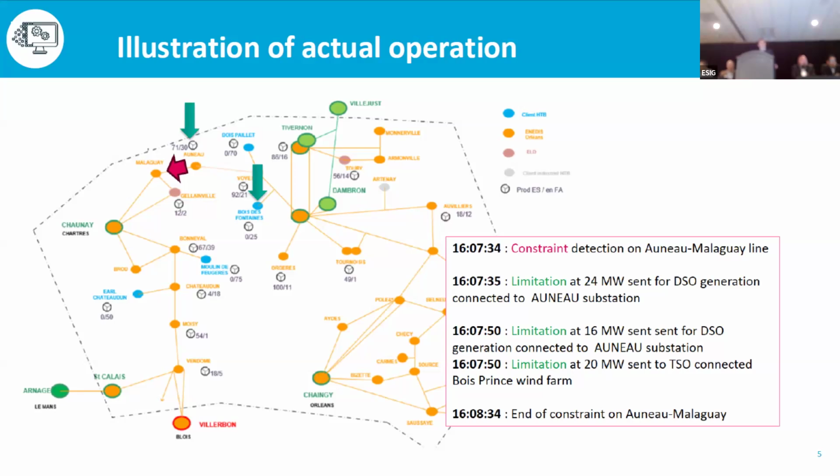And again, you can see that you're not dealing with the entire network, but you're not dealing with something extremely local. You're already reasoning on about 10 to 20 substations.